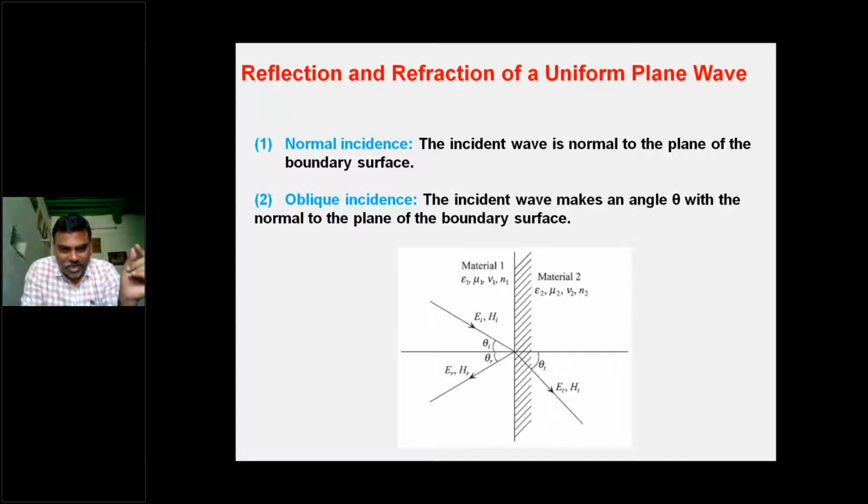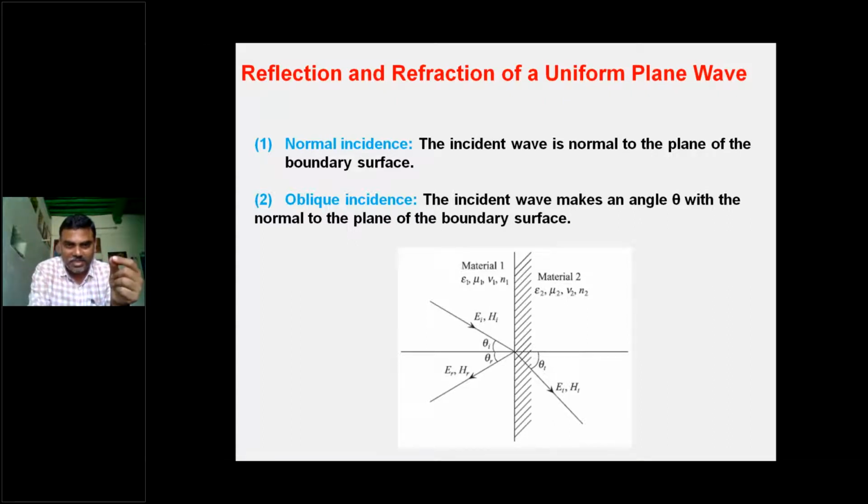Okay, and here we can also define the angle of incidence, that means incident angle theta i, which is the angle made by the incident wave with respect to the normal to the plane of boundary. And similarly, theta r is the reflected wave with respect to that normal line, and similarly theta t.